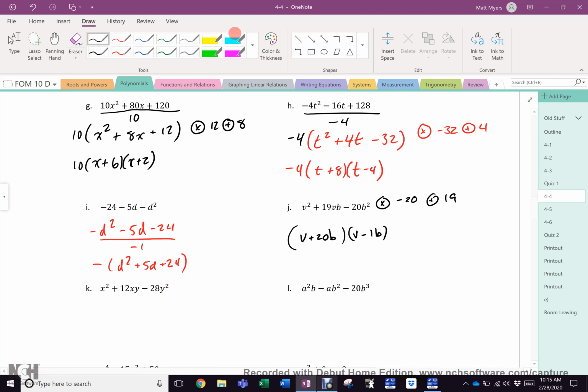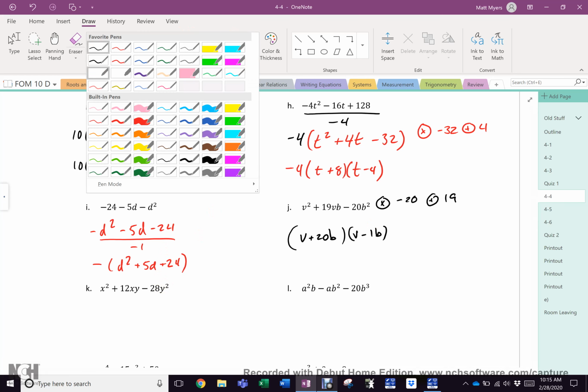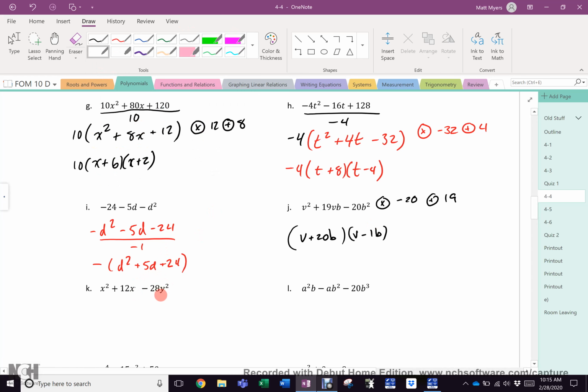So I can look at this and I can say to myself, self, I don't need that y there. I need numbers that multiply to negative 28 and add to 12. What are they? 14 and minus 2, right? X plus 14y, X minus 2y. Right? Everybody with me?